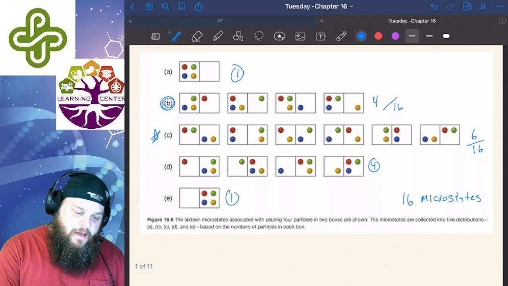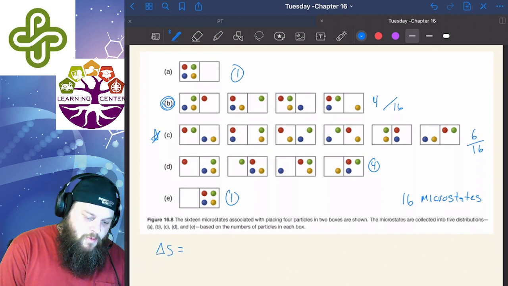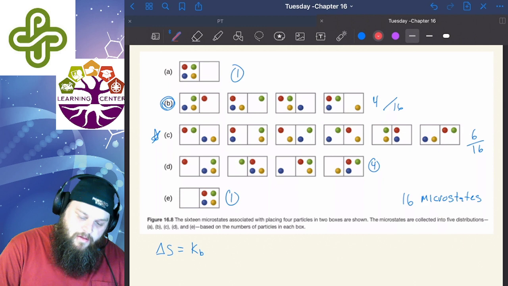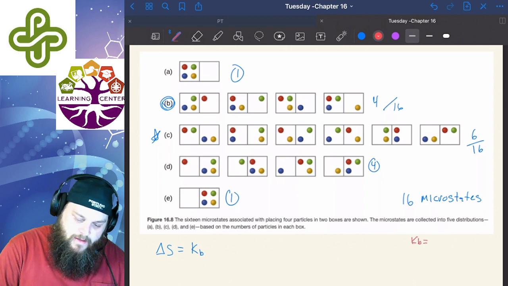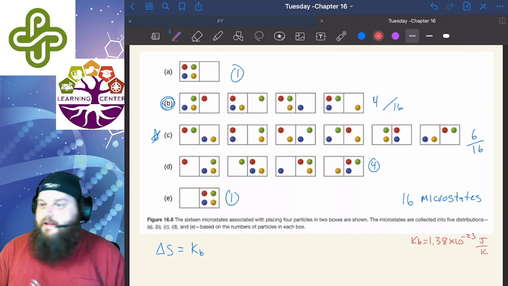Now to find the change in entropy, delta S, we can use the equation delta S equals k_B. That's the Boltzmann constant. And I'll put a little note here, k_B is equal to 1.38 times 10 to the negative 23. The units on that are joules per Kelvin, which is a standard unit of entropy.